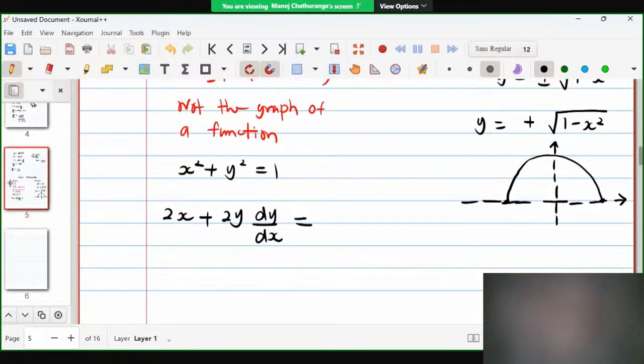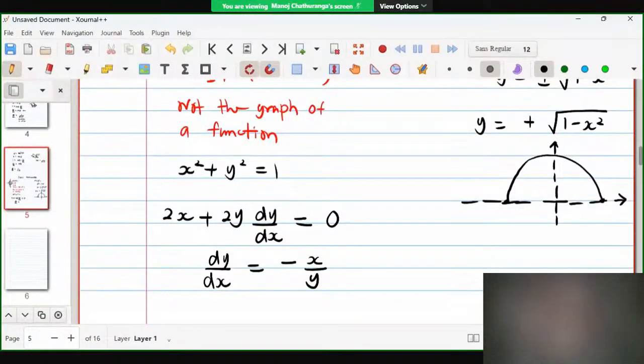This equals the derivative of 1. 1 is a constant, so the derivative must be 0. Divide both sides by 2 and solve for dy over dx.